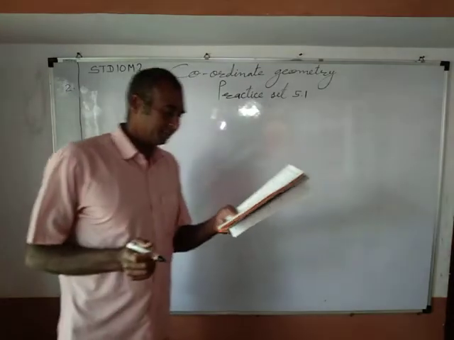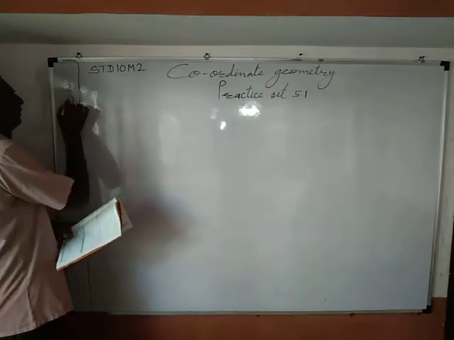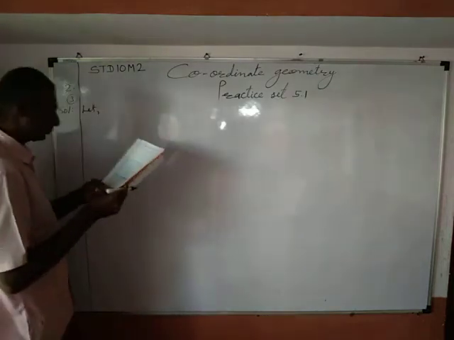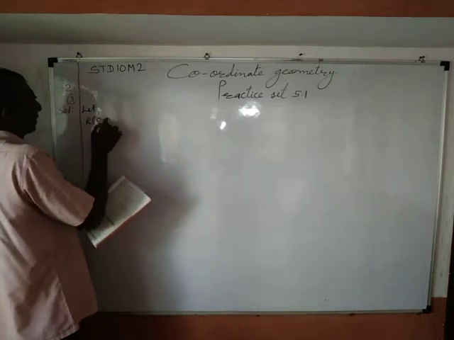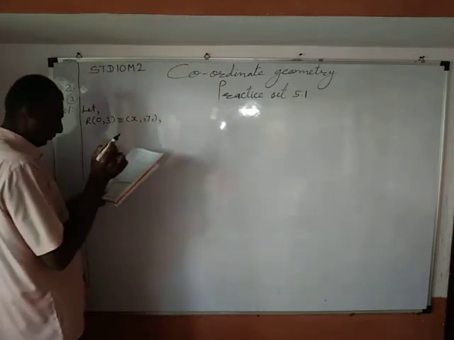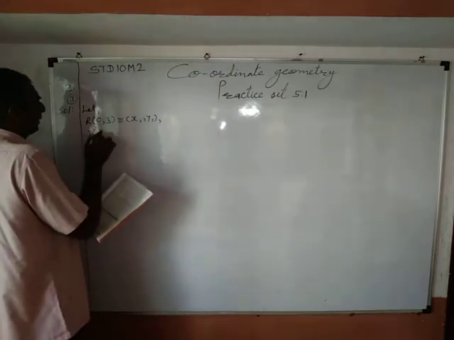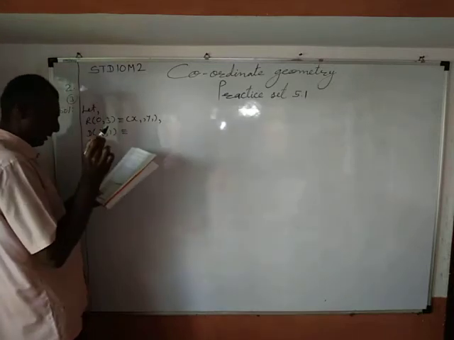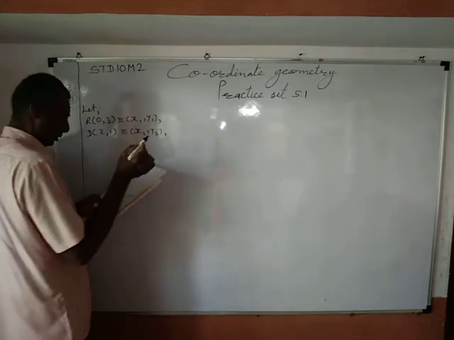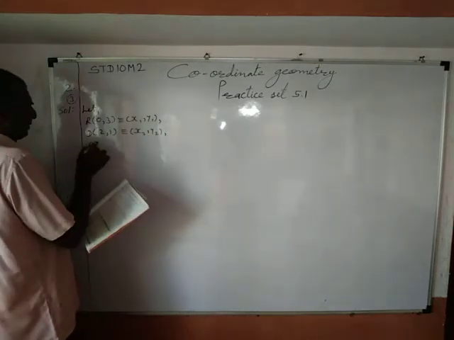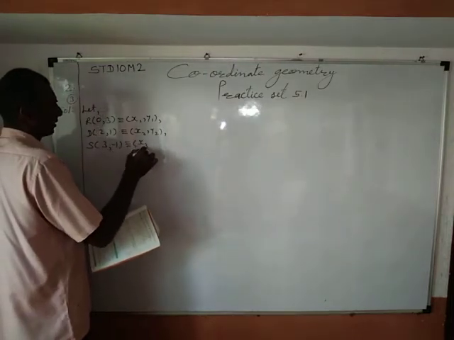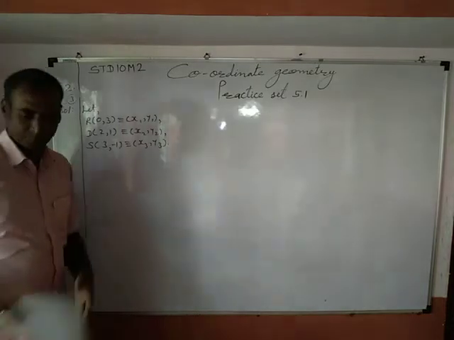Question second, sub question third. Solution. Let R (0, 3) be x1, y1, D (2, 1) be x2, y2, S (3, minus 1) be x3, y3.